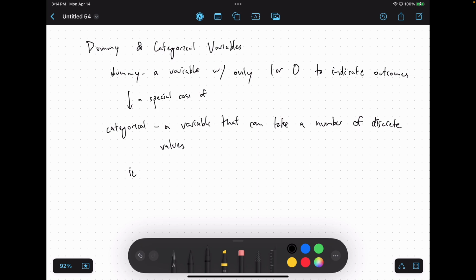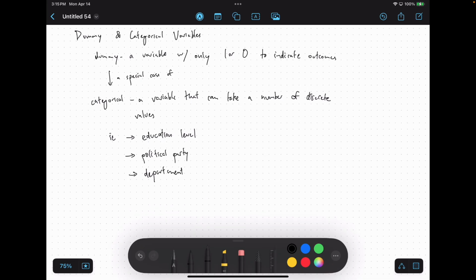And so this might be something like education level, political party, what department you're in. Okay. And what we're going to do is look at some examples of using these as explanatory variables and the implications of doing so and what it means to interpret them.